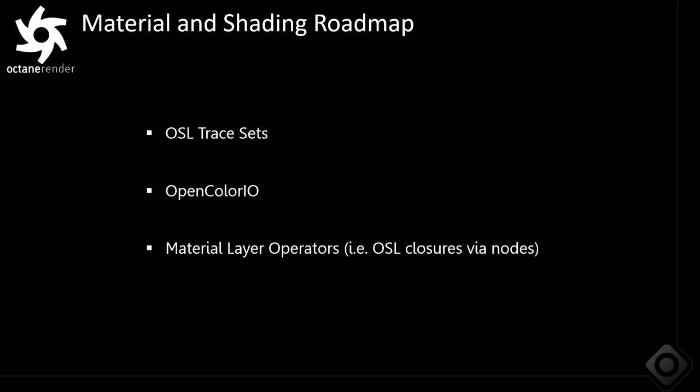As I was saying earlier, there's a few nodes that we're going to be adding with material layers so that truly, if you wanted to do anything with OSL closures, the shader code, you could do it all with nodes. And I think that's ultimately where we want to be going for artists. But we will also probably be going back to doing OSL closures and taking another look at MDL, NVIDIA's material language system, and adding those into Octane too.